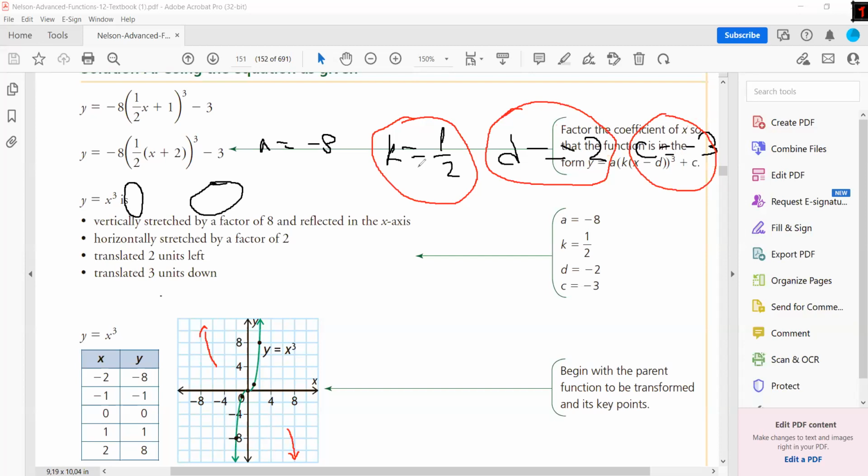So now we can make a statement that our graph is going to be vertically stretched by a factor of 8 and reflected in the x-axis, because the leading coefficient turned from positive to negative. Horizontally stretched by a factor of 2, which the k coefficient gives us.